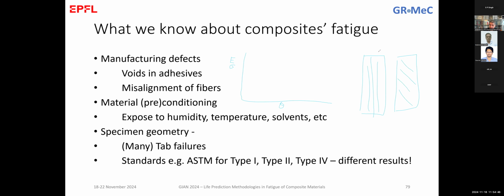If we do a tensile test in both cases and plot the strength or the stiffness of the material against the angle, we can see behavior like this, normalized from 1 to 0. Or we can see behavior like that.